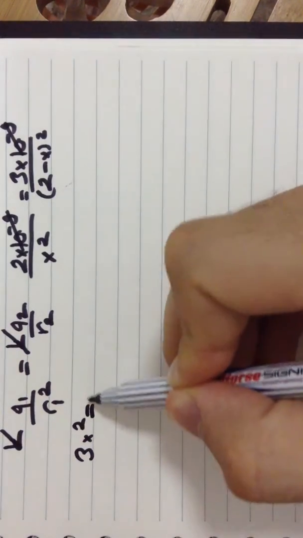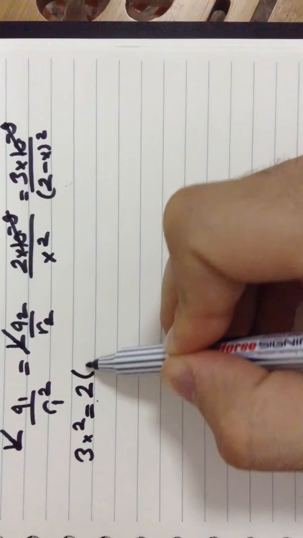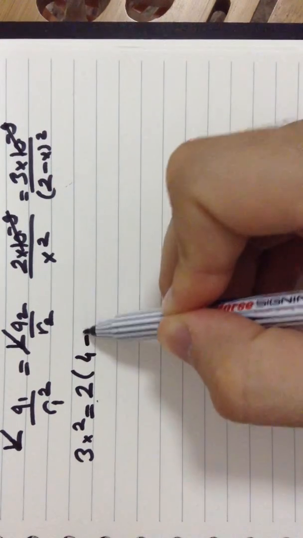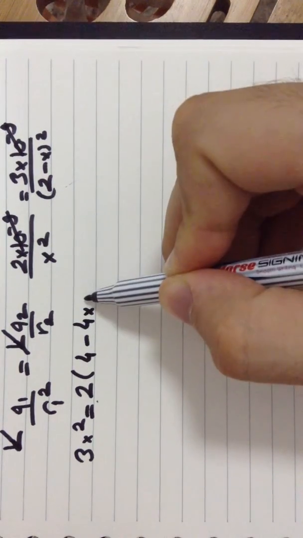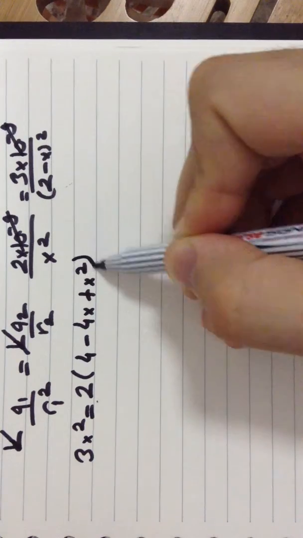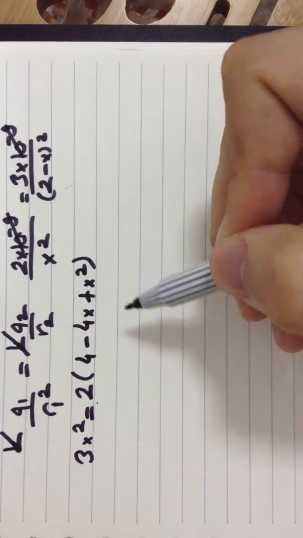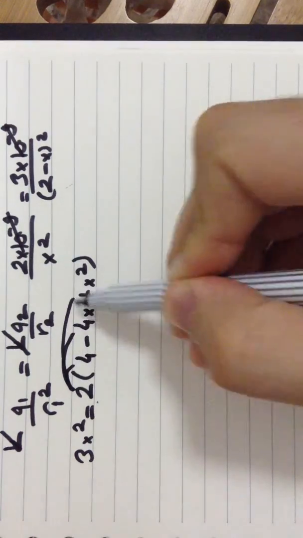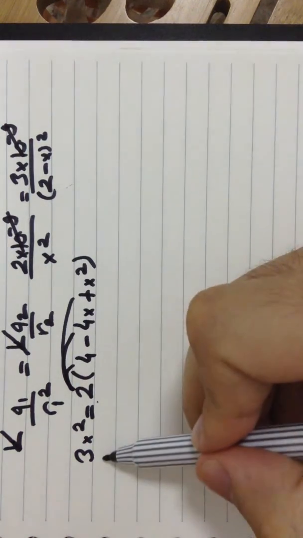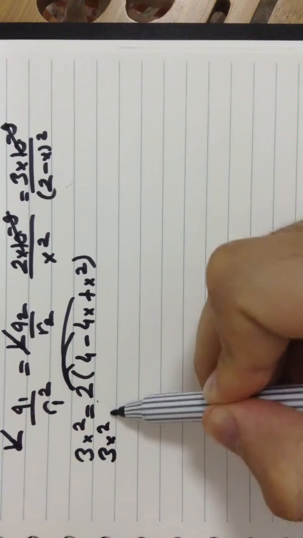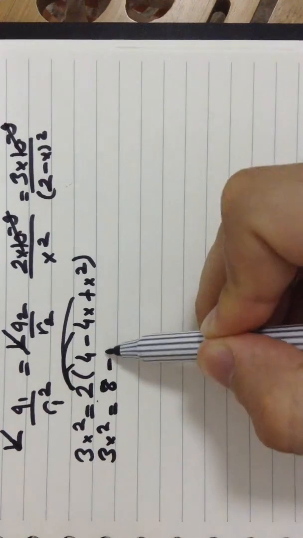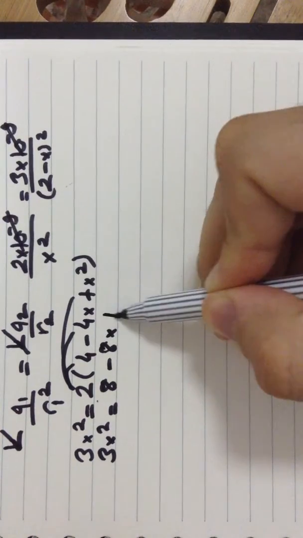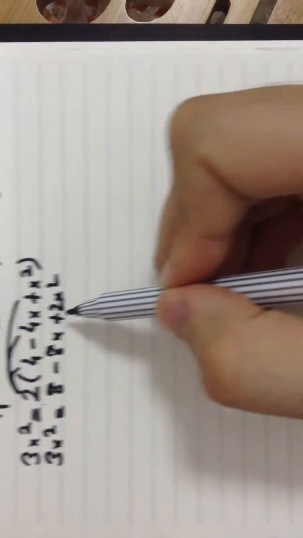3x squared will be equal to 2 times 4 minus 4x plus x squared. And then I will expand the parentheses: 3x squared equals 8 minus 8x plus 2x squared.